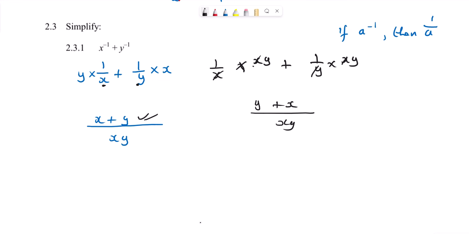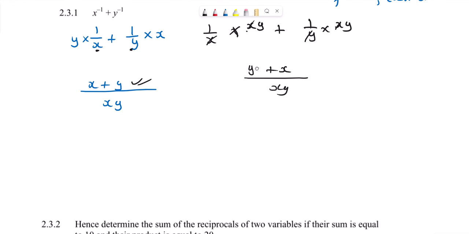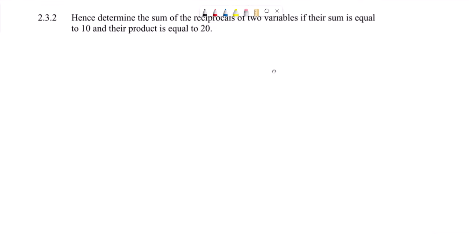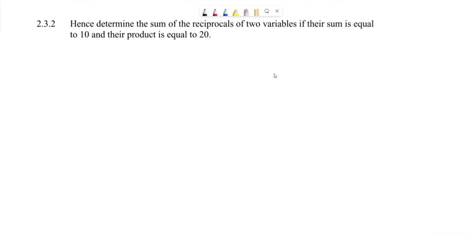Okay, let's go to the last question of today. I'll be doing question 1 and 2 today. So hence, remember, what does this mean? Use the answer you got from the previous question.